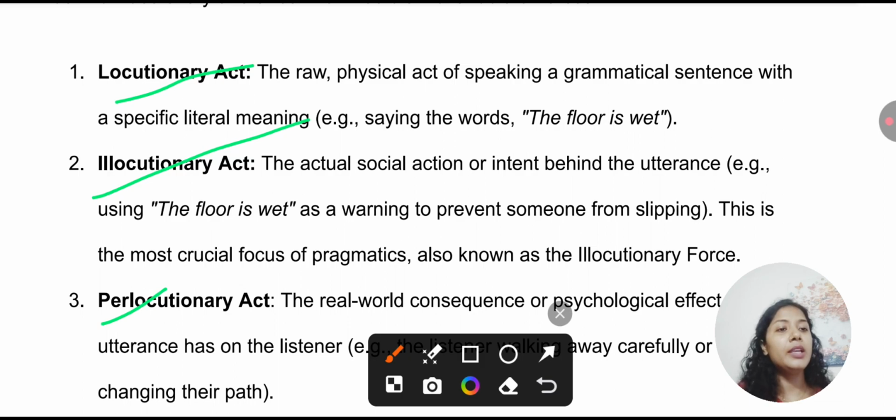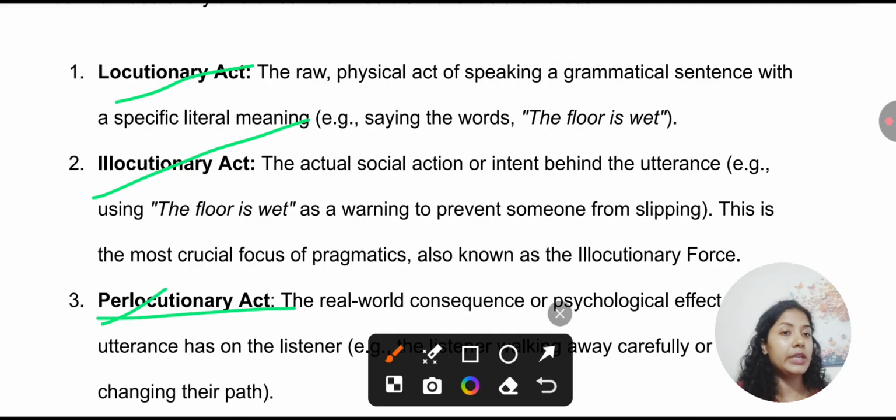So my aim, my intention is this. Perlocutionary act: whatever I am saying, my intention is to make you understand. But what is the effect of my saying on you, the listener, that is what perlocutionary act shows.